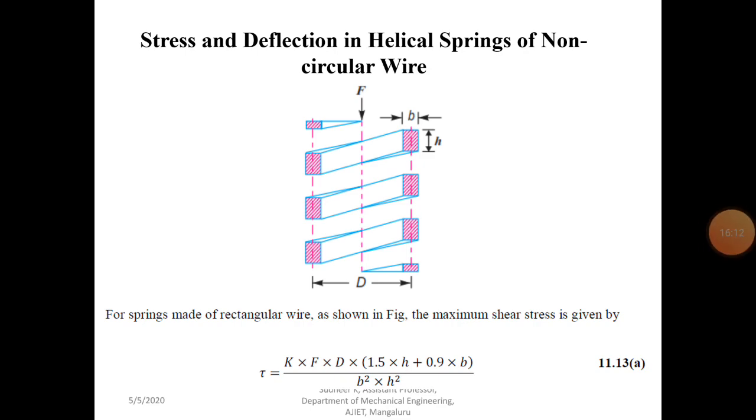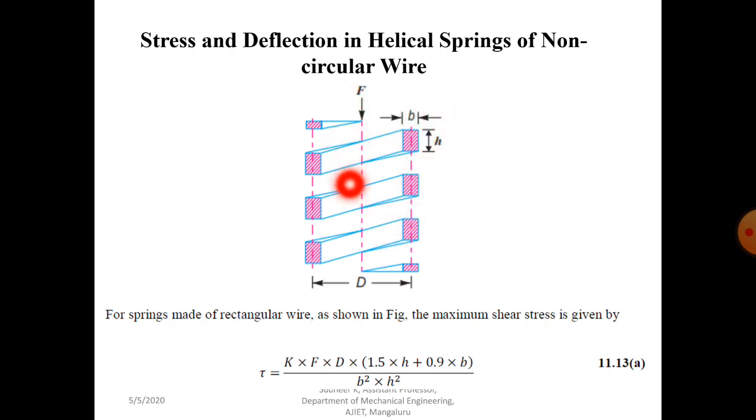Now coming to the stress and deflection in a helical spring of non-circular wire. In a similar way, here only the cross-sectional area of the spring wire changes instead of the circular spring. The cross-section of the spring wire is rectangular in shape, and that's why the area equation becomes different, that is B into H, the cross-sectional area of the wire.